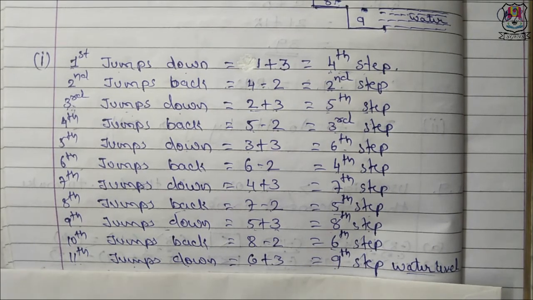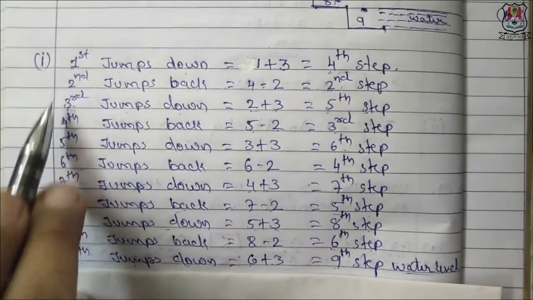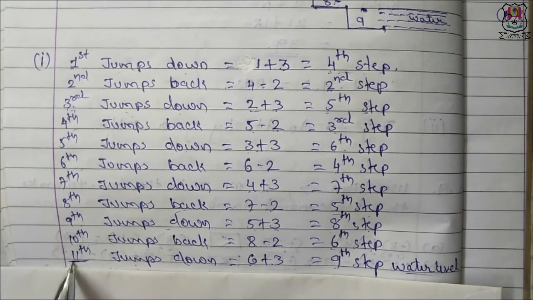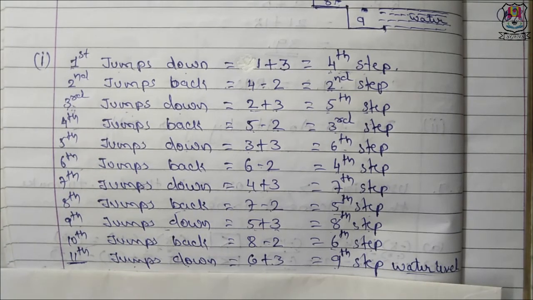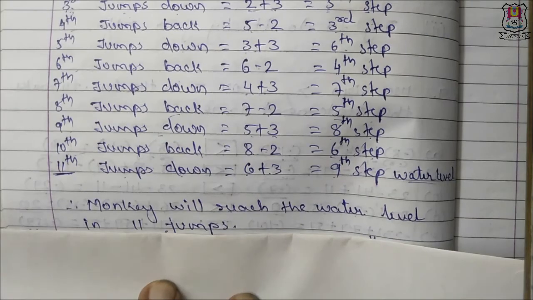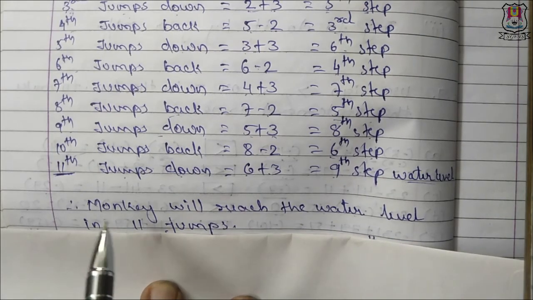So how many jumps? The first question is saying how many jumps he attempted to reach the water level. So monkey attempted 11 jumps to reach the water level. So this is the answer of the first question. Monkey will reach the water level in 11 jumps.